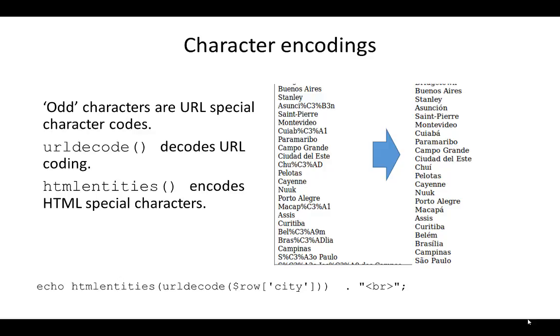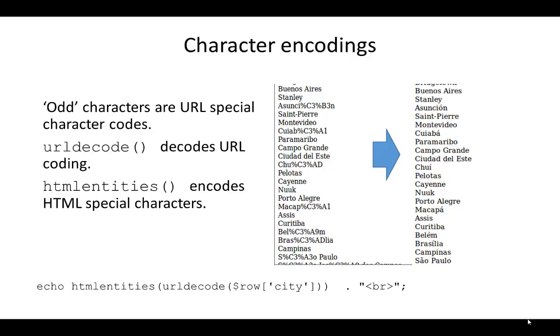So it's not a translation error when I loaded the data into the database. It's actually how the data is supplied. These odd strings are URL special character codes, the character codes that have to be replaced in the URL because you can't put an E with a grave accent into a URL. Or a space, indeed. Remember, a space is %20.